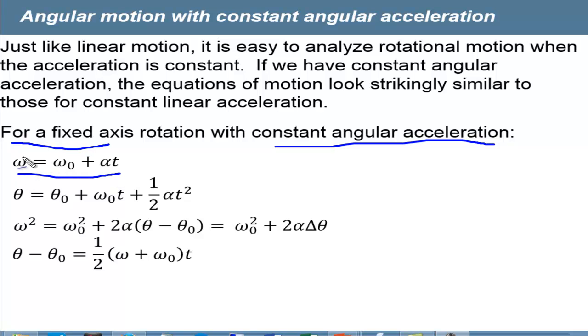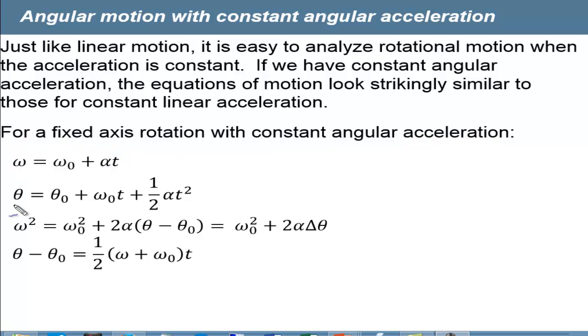The first one we have here is that the angular velocity is equal to the initial angular velocity plus the angular acceleration times the time that it is accelerating, right? Hopefully this looks very familiar to you, as simply omega has replaced velocity, angular velocity has replaced linear velocity, and alpha has replaced a, so angular acceleration has replaced linear acceleration, and time has not been replaced at all because time is time.